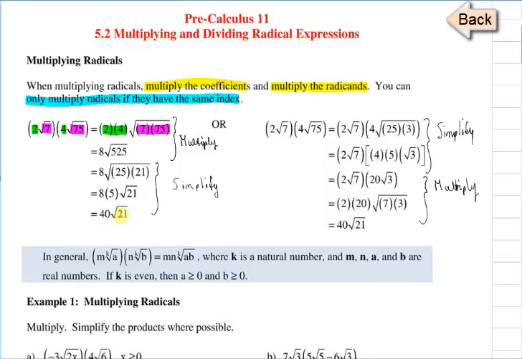In our second method, we are first going to simplify. Okay, so we're going to take a look at the root 75, and that's what we're going to simplify. Okay, and they've used the perfect square method again. So the largest perfect square that fits into 75 is 25, and the remaining factor is 3.